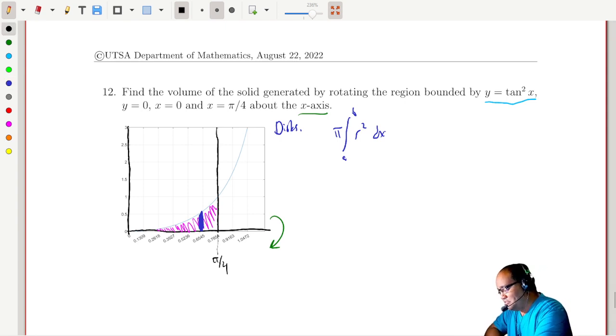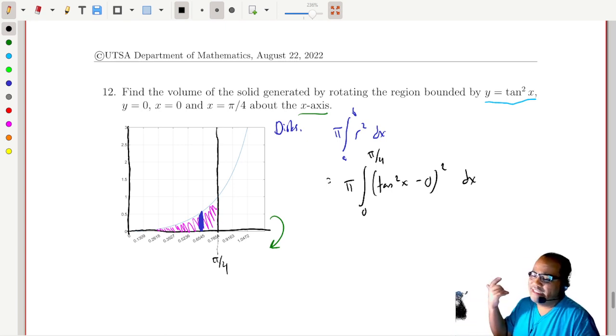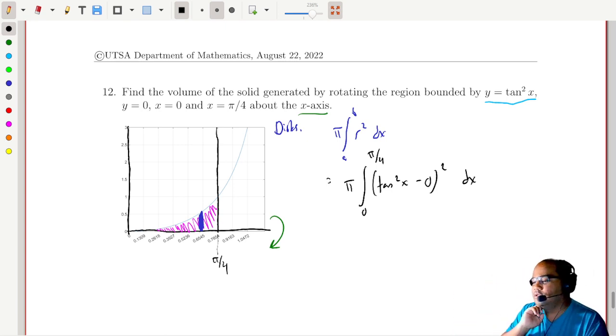This is easy. So the integral that we need is the integral from 0 to pi over 4, top is tangent squared x minus 0 for the bottom, squared. Tangent squared minus 0 is just tangent squared, and that will be tangent to the 4th.